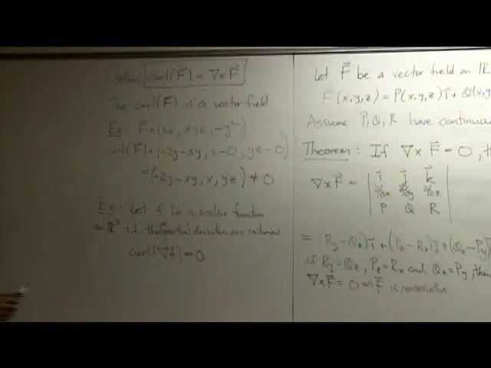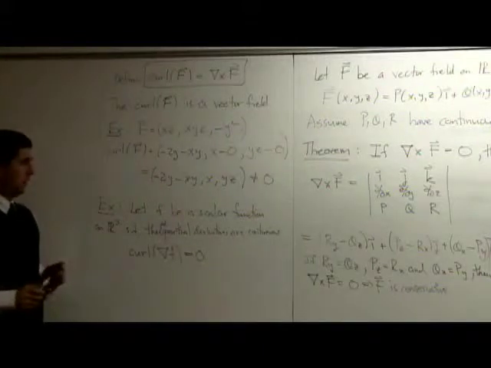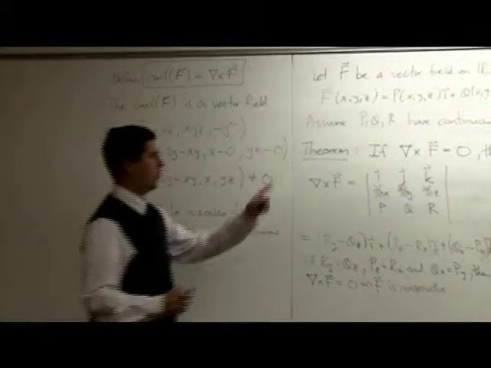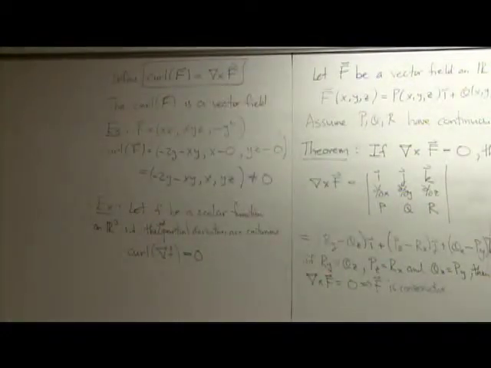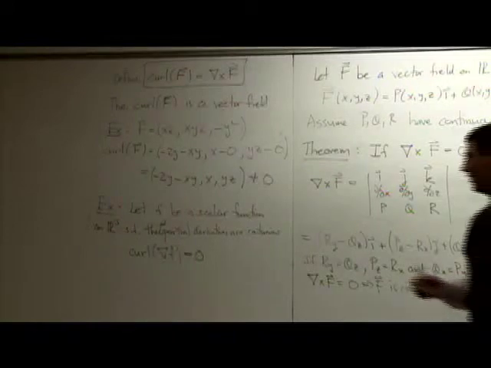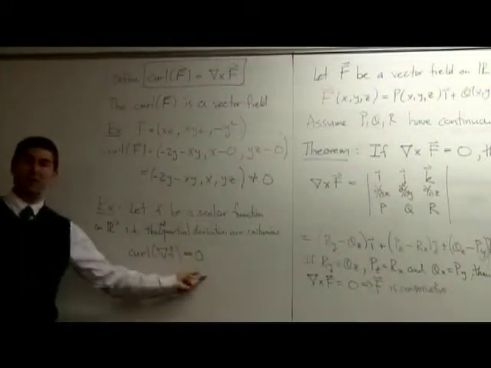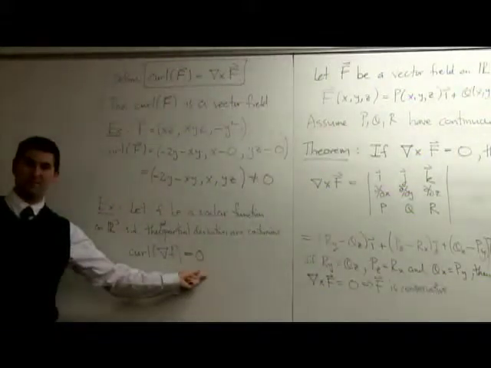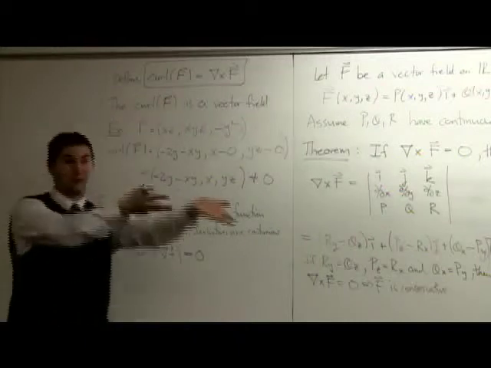Now, how does this relate to the theorem? Well, the theorem says that if the curl is 0, then your vector field is conservative, which means it looks like grad f. This is saying if it is grad f, then the curl will be 0. So one says if the curl is 0, then it looks like grad f.